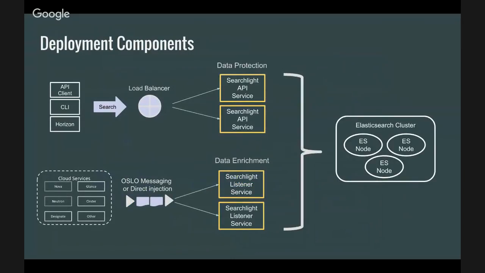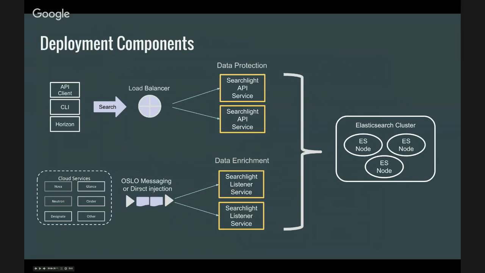For your deployment components, typically what you would see is we have the Searchlight API service. You could put a load balancer in front of that, and your clients can do their searching. And the Searchlight API service essentially grabs those requests, does mappings, does some RBAC things, and then hits the Elasticsearch cluster.